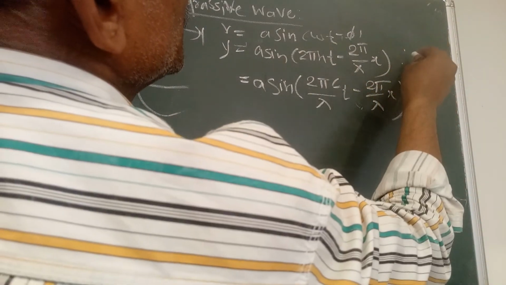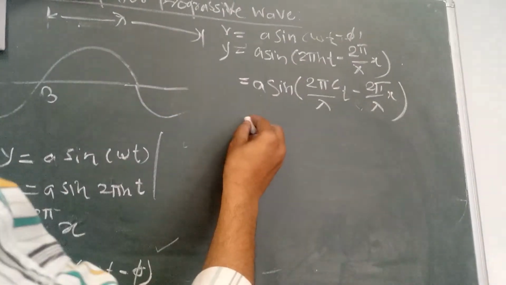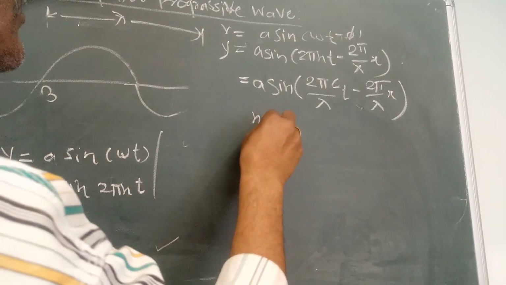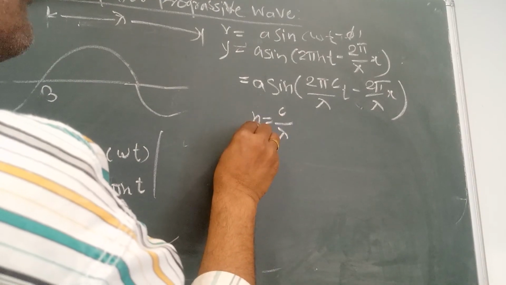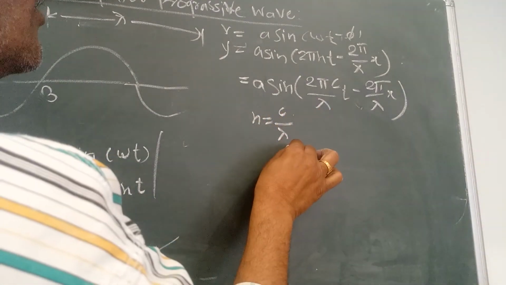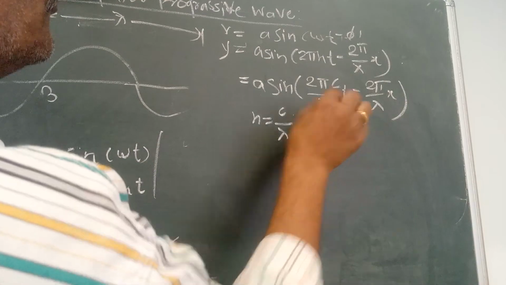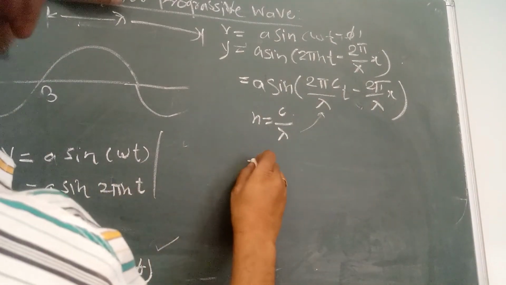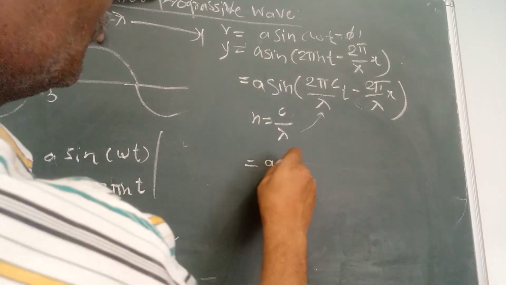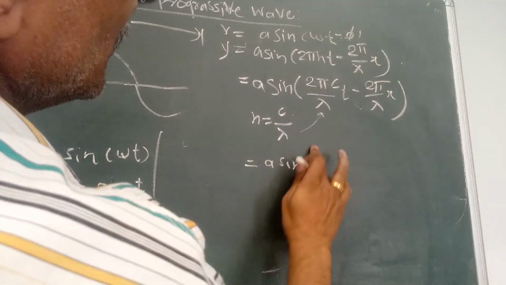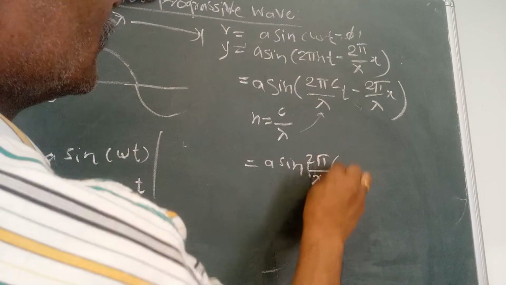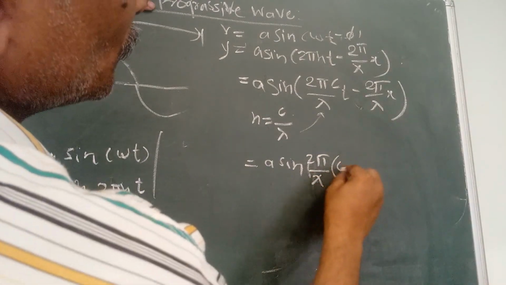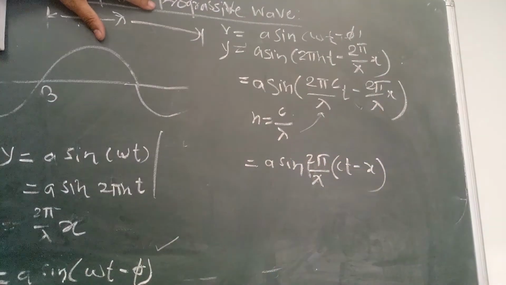Here we have the relation between frequency, velocity and wavelength, which is used in this case. So a into sine of 2 pi upon lambda, taking it outside the bracket, gives ct minus x.